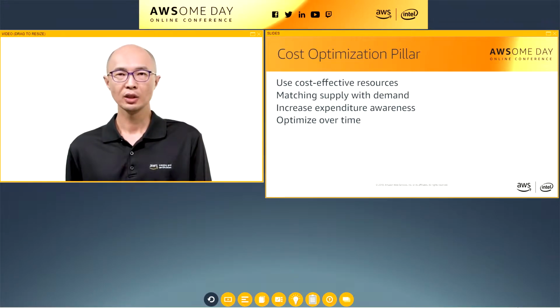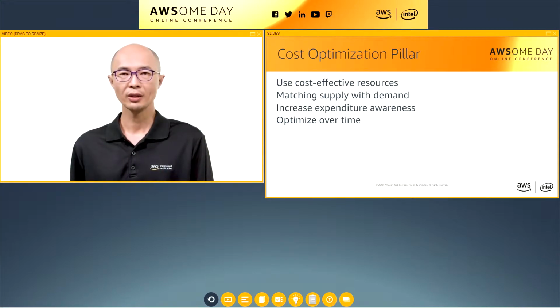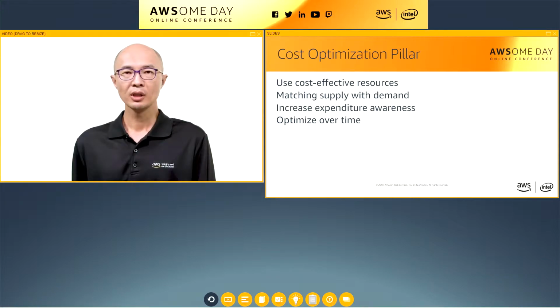Our next pillar is the cost optimization pillar, which includes the continual process of refinement and improvement of a system throughout its entire life cycle. This pillar encompasses the idea that you can build and operate cost-aware systems and maximize their return on investment.